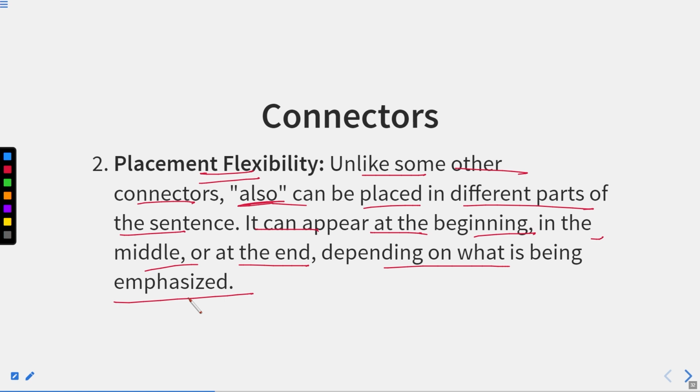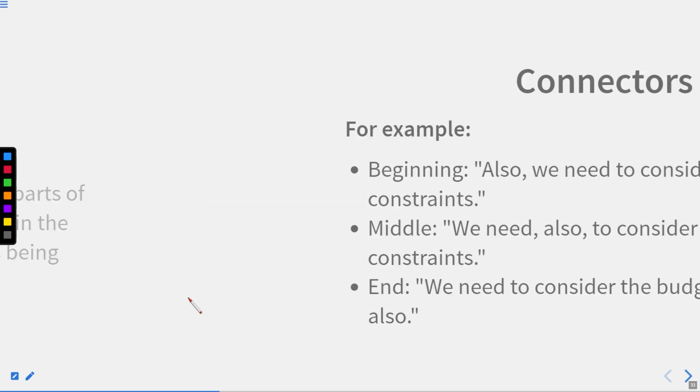We can use it in the middle of the sentence, but it should be avoided at the end of the sentence. There we can use some other words like as well, but we should avoid using also at the end of the sentence, though informally we can use it anywhere.